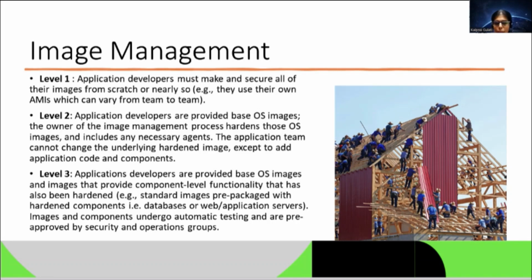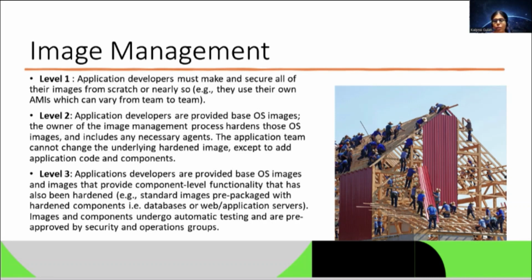So, for image management, what happens as of now is application developers choose an image and start their development. Ideally, in the current situation, application developers must ensure that all their images are secure from scratch, or if vulnerabilities pop up, they are addressed, right? In the near time solution, and I think this is being done in a couple of organizations, we have to ensure that application developers are given a base image which is already hardened.